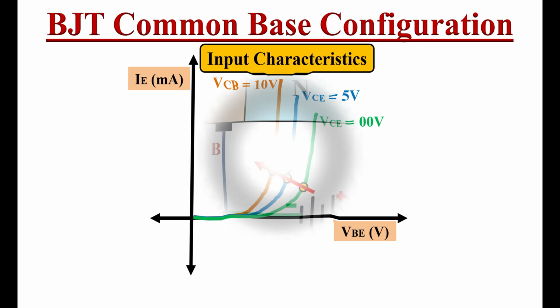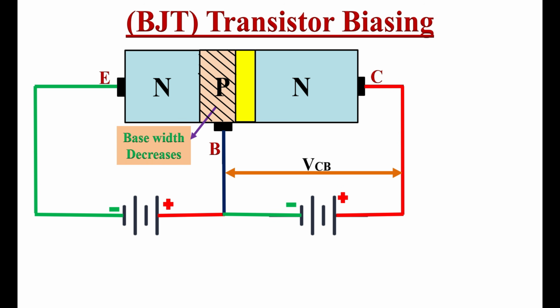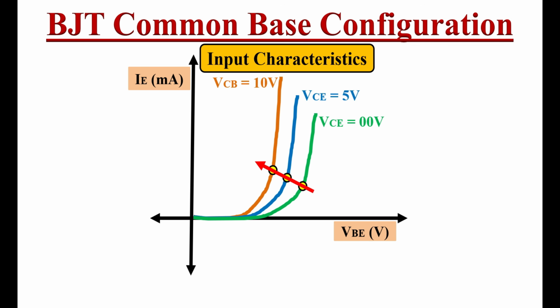The reason is that as VCB increases, the collector base junction gets more reverse biased and the width of the depletion region at this junction increases. Due to this, the base region gets narrower. Hence, less input voltage VBE is required to forward bias the emitter base junction. Due to this, the curves shift towards the left.